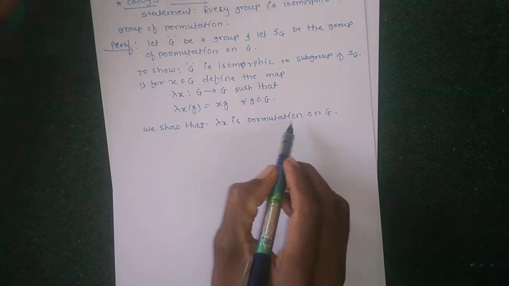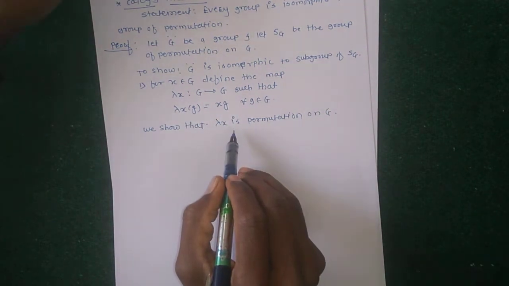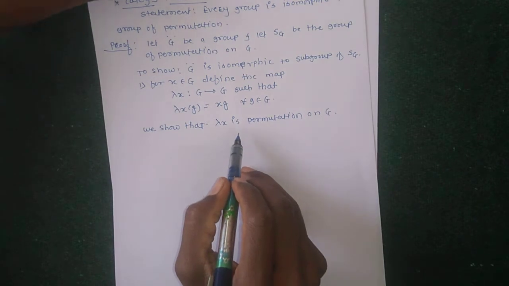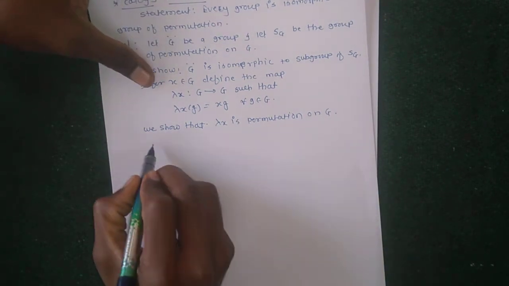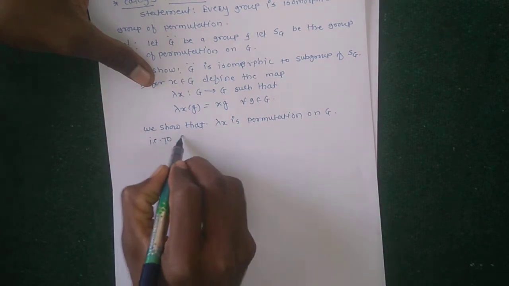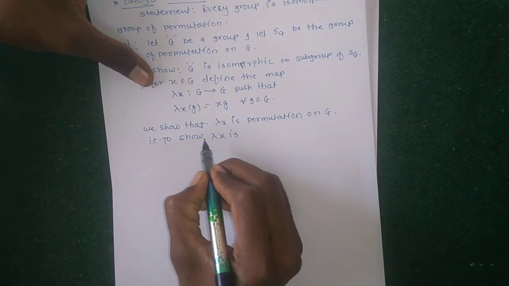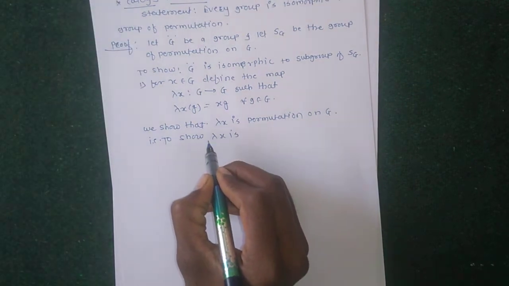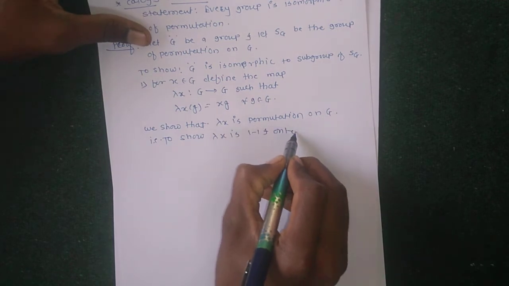Lambda_x is a permutation means, by the definition of permutation, this map is one-one and onto, that is, bijective. So for this we have to show that lambda_x is one-one and onto.